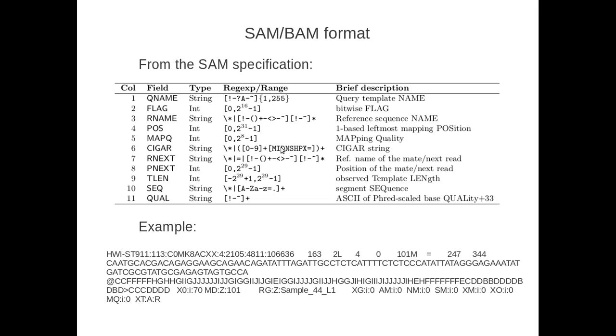The cigar string describes the individual pattern of the base matching, and describes the alignment itself. The RNext column describes the information of a paired read, that is the mate of the focal read. So I'll be using the term focal read to describe this query name.